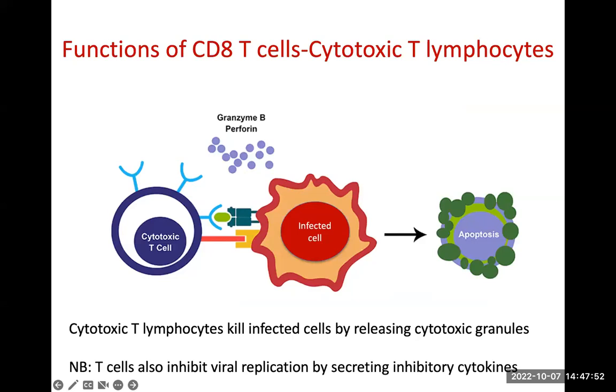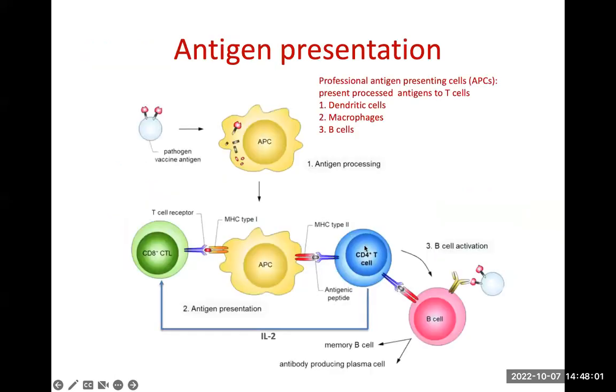The main role of CD8 T cells is to kill target infected cells, while the main role of CD4 T cells is to orchestrate that immune response. The main role of B cells is to produce antibodies. And the main role of macrophages and dendritic cells is antigen presentation. So that's what I want you to take home. That's a simplified version.